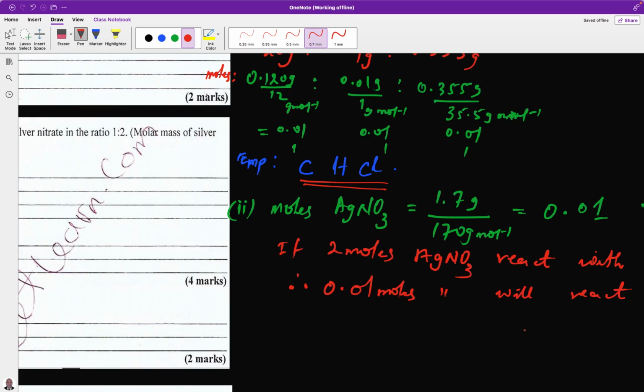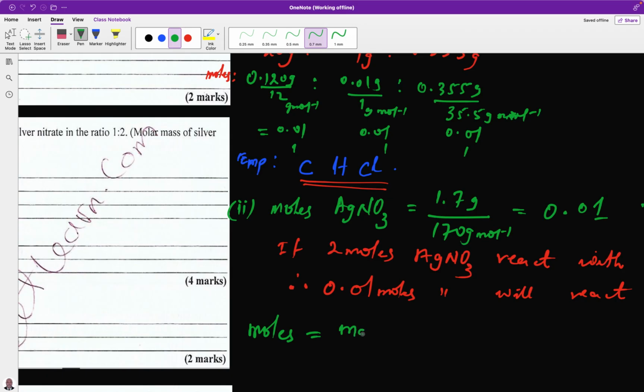Having got the number of moles of A, remember in stoichiometry, when you have the number of moles of a particular substance, to have the mass of that substance, what do we do? Remember from our expression, moles is equal to what?